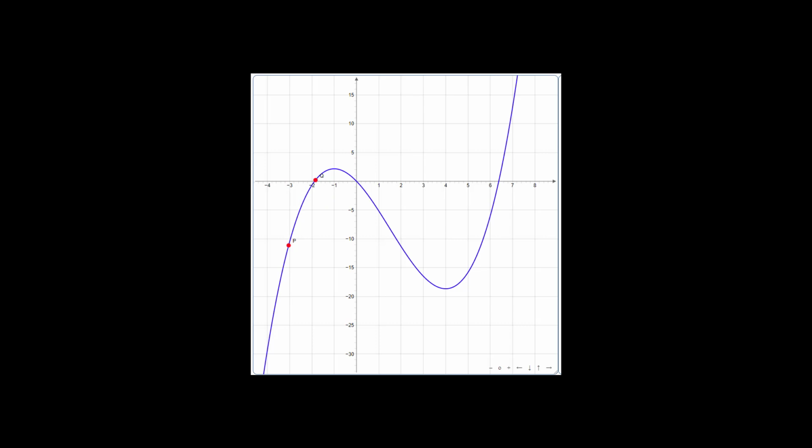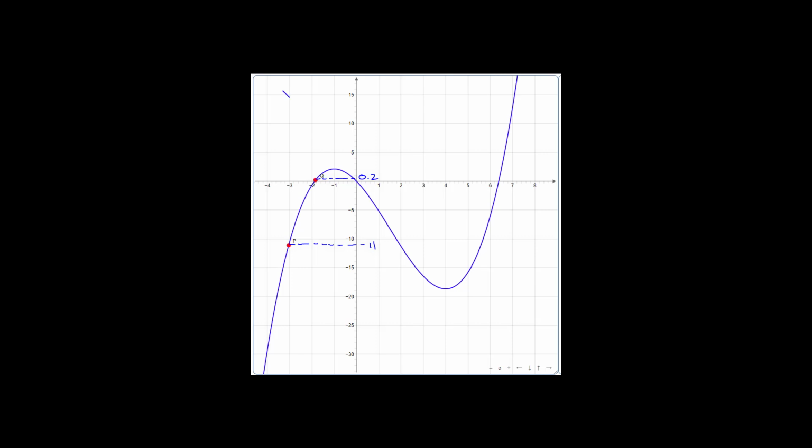Now, since I have that arranged so that x1 is less than x2, if I look at the y values, the y value associated with p right here is -11 maybe. And the y value associated with q is a little bit above 0, so I'll just say 0.2. It doesn't really matter what that value is. The important thing is that the y value of q is larger than the y value of p.